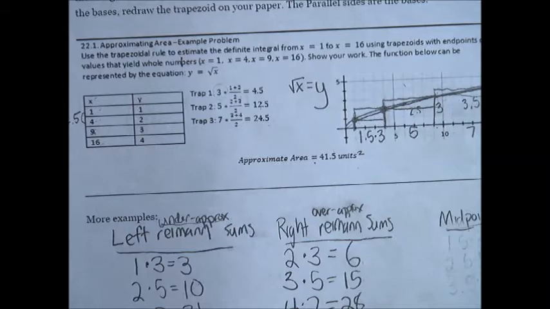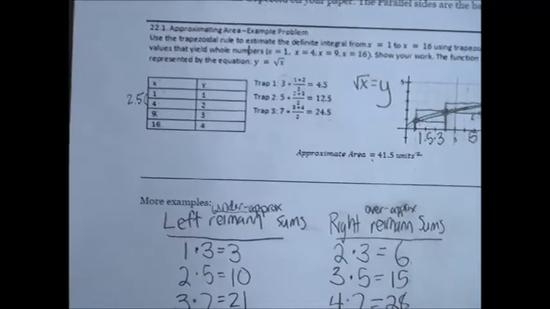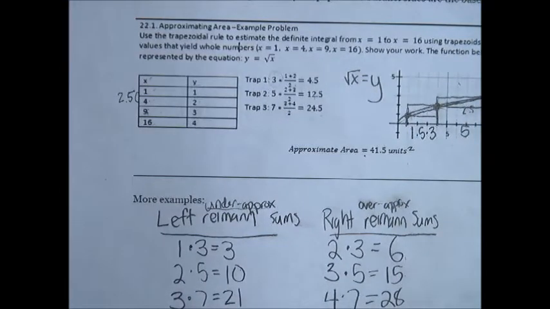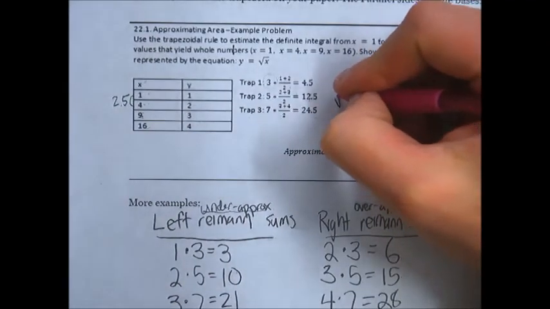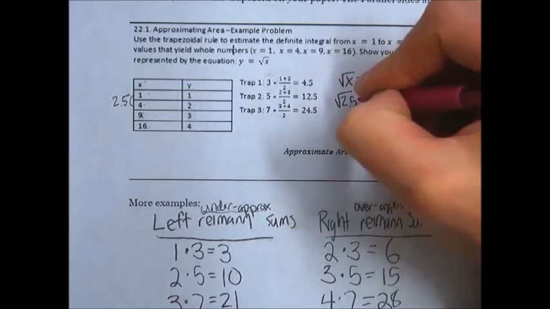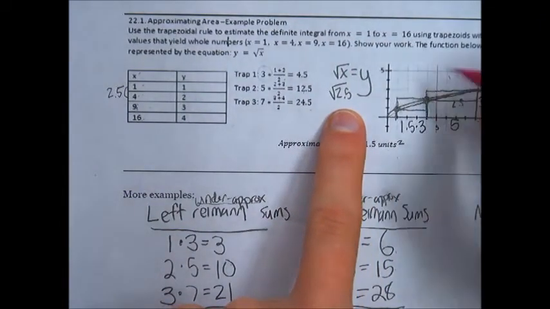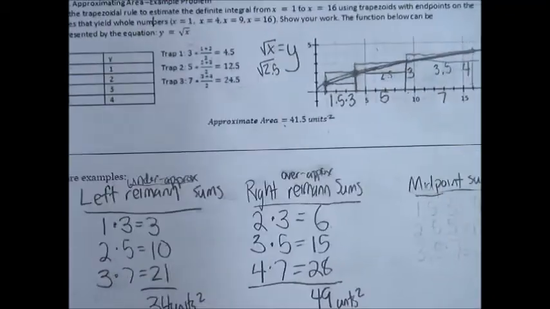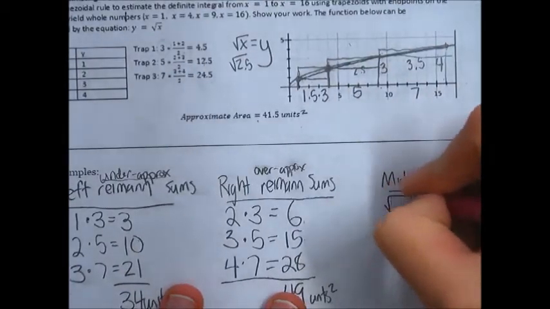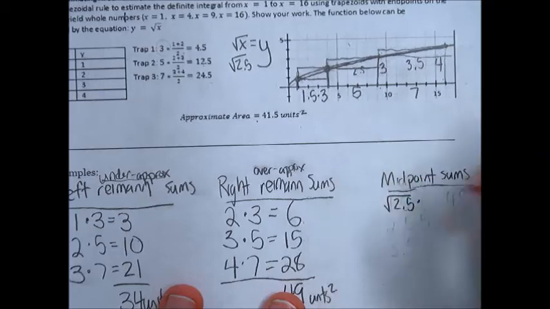We're going to plug that into our formula here. We're going to figure out that y value, and that's going to be our height on that first interval. So I'm going to plug in 2.5 and get square root of 2.5. And so that is my first height on this first interval. And so I multiply square root of 2.5 times 3.